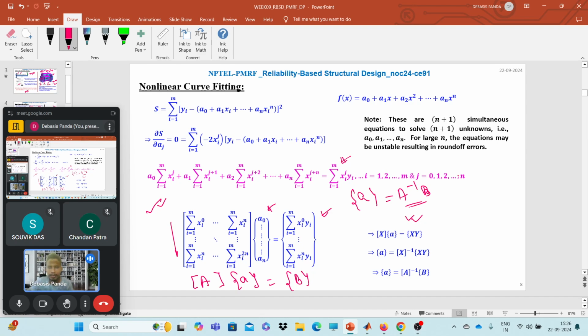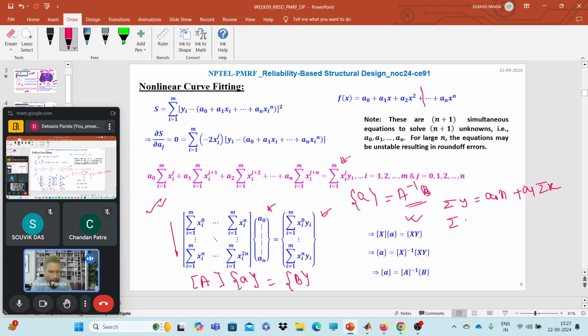I hope you understand how this matrix has been generated. For the nth order, we just separated out the coefficients and the terms with the coefficients. Like if we wish to go up to the second degree, how many normal equations do we have? The first normal equation will be summation of y is equal to a0 n plus a1 summation of x.